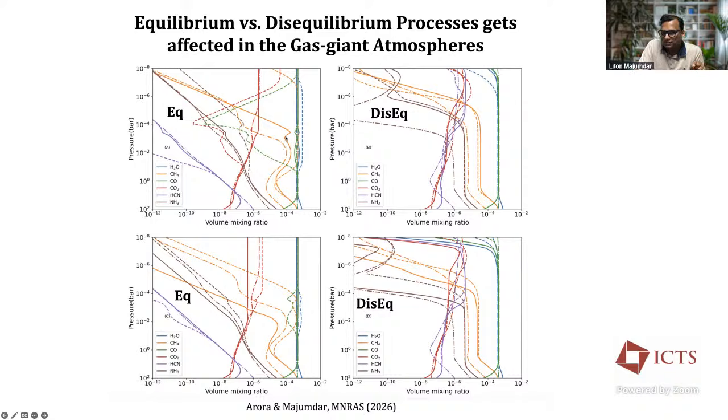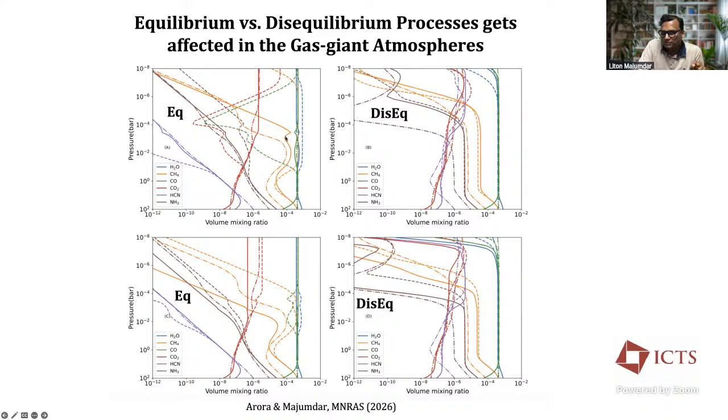So not only are equilibrium and disequilibrium processes sensitive to your PT profile, but which PT profile you are using in the atmosphere plays a big role in your atmospheric abundance measurement. So it is fundamentally important to have the right temperature pressure profile. And that's why climate modeling is very fundamental in order to understand what your true atmospheric composition is and what processes at each layer of the atmosphere are doing.